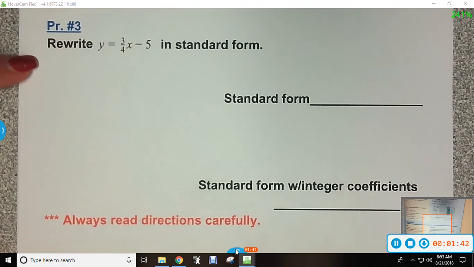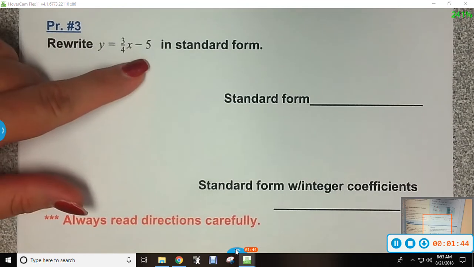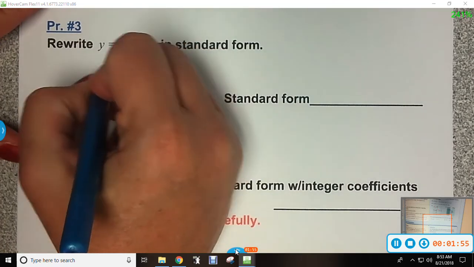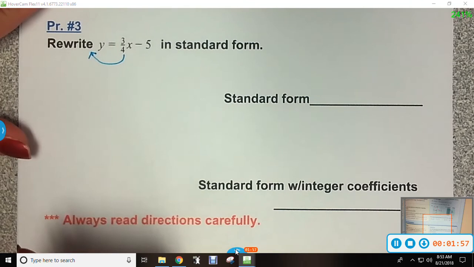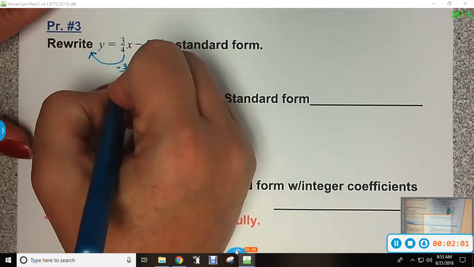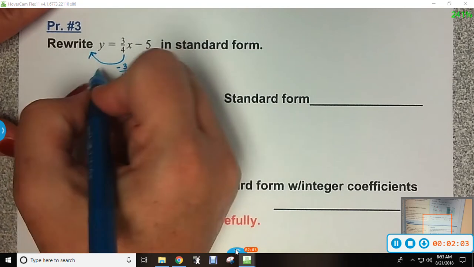Alright, so problem number 3, they want me to rewrite this in standard form. So remember, we've got to start out by getting X and Y on the same side. So I want to take this X and move it over here with the Y. To do that, I'm going to subtract 3/4 X from both sides.